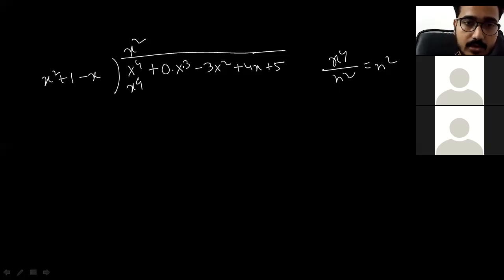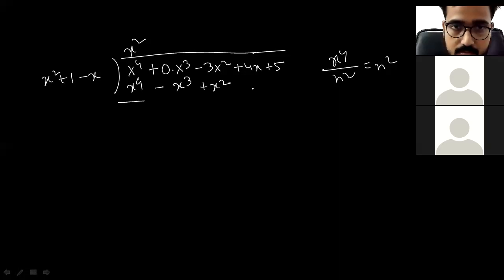Now 0 into x cube is nothing but 0. So you can write down like this. Now it will be x square, so you will have to put x square here, and it will be minus x cube. Now if you subtract, it will be minus, it will be plus, and it will be minus.